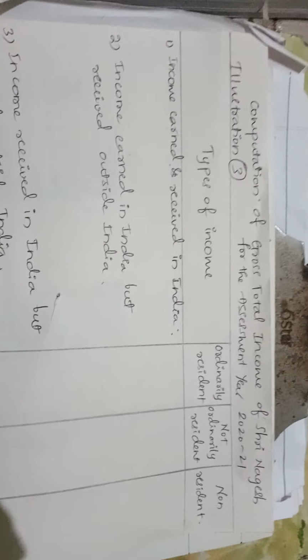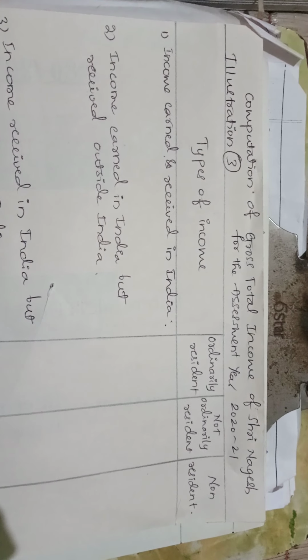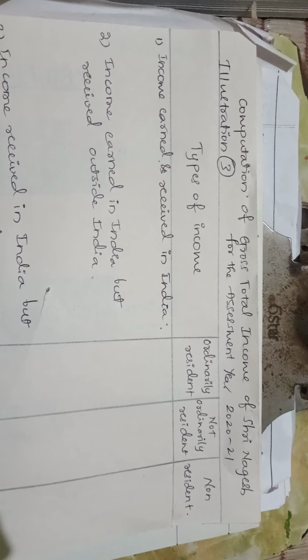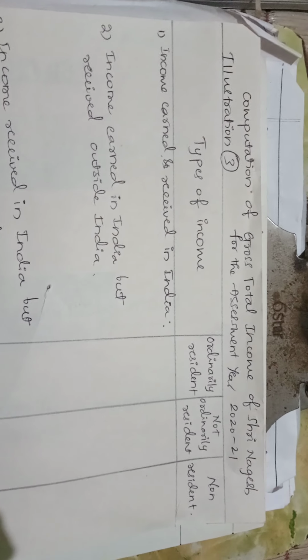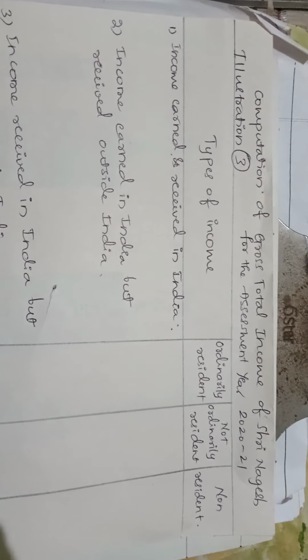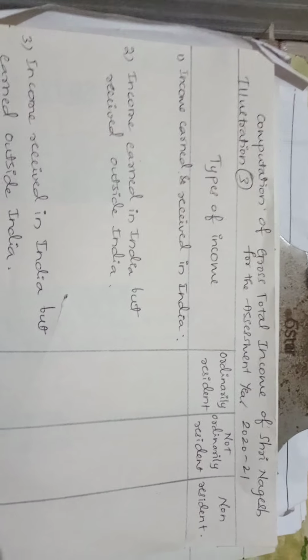At the top of the page you need to write computation of gross total income of Sri Nagesh for the assessment year 2020-21. That is the solution of illustration number 3, and in that format there will be 4 columns. One is types of income, second is ordinarily resident, not ordinary resident, and third is the non-resident. These are the 5 heads of income.